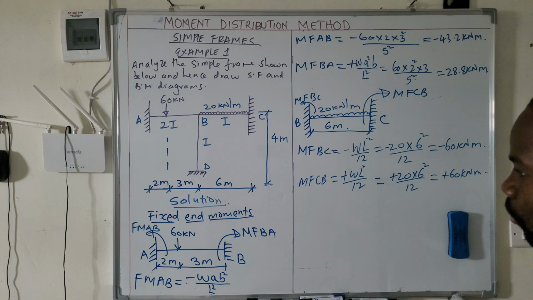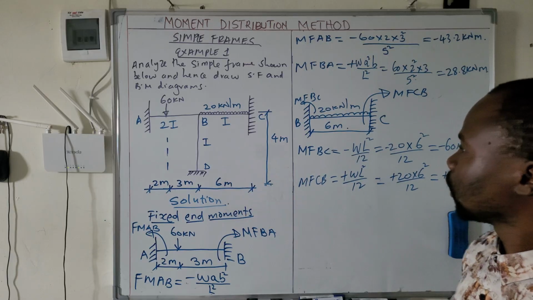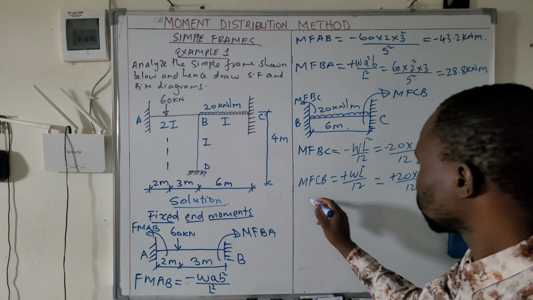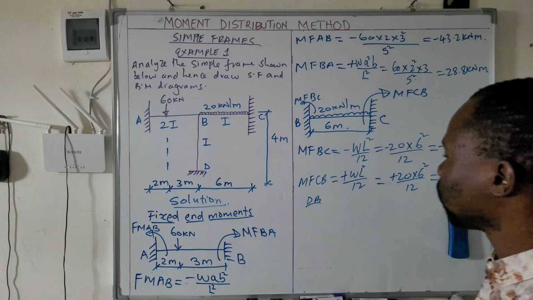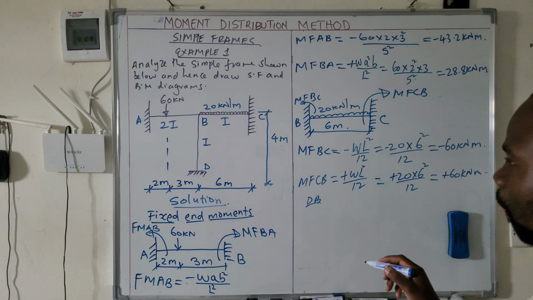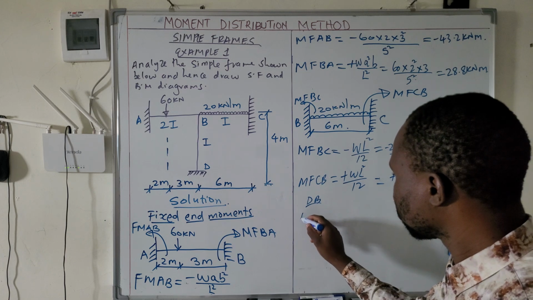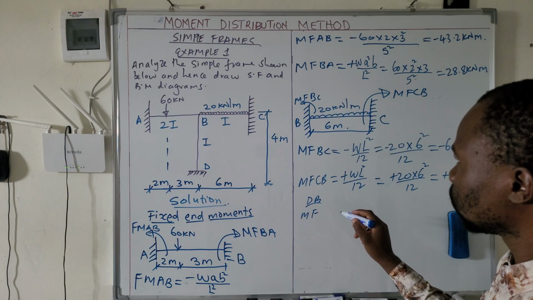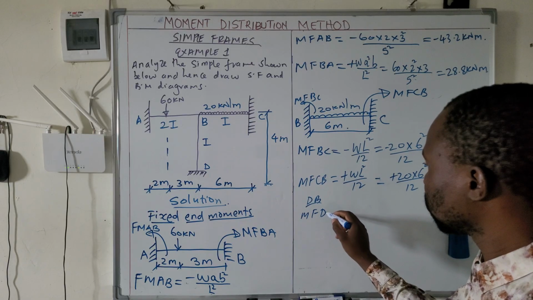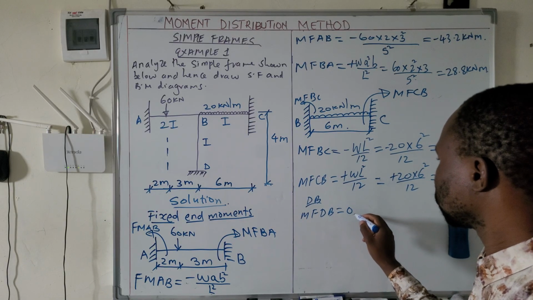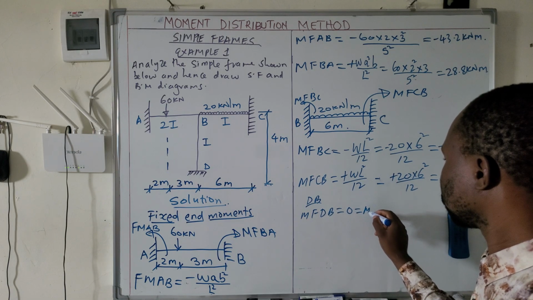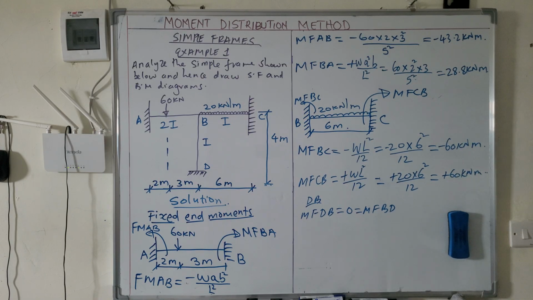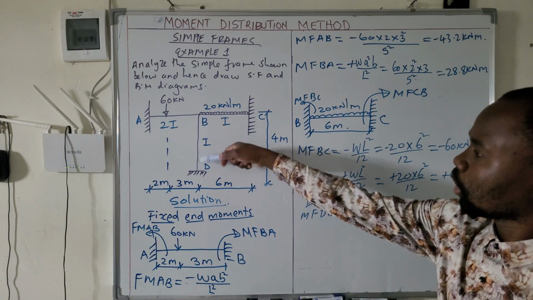Then you go to span DE, span DB. So at DB, we'll have MFDB equals 0, which is equal to MFBD, because there is no loading along this span.